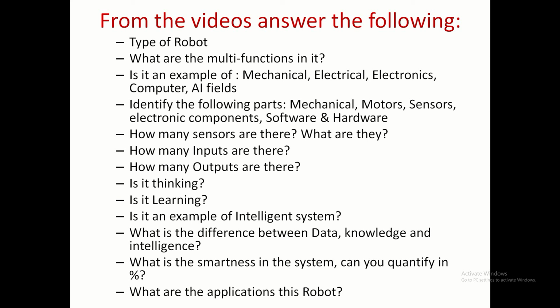Is there any intelligent system? Humans are intelligent. Is the machine intelligent, or is it only having knowledge? So what is the difference between an intelligent system and a knowledge system? What is the percentage of smartness it is having? How will you compare the percentage? With whom will you compare?